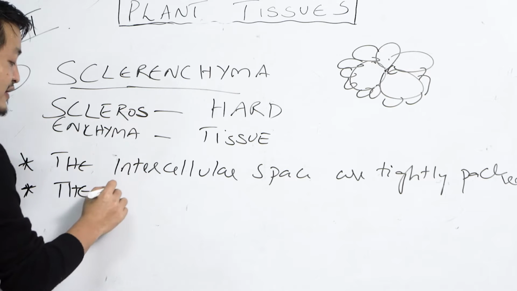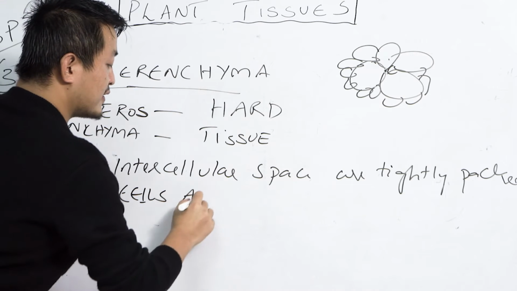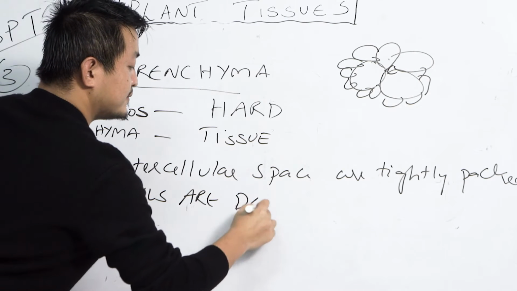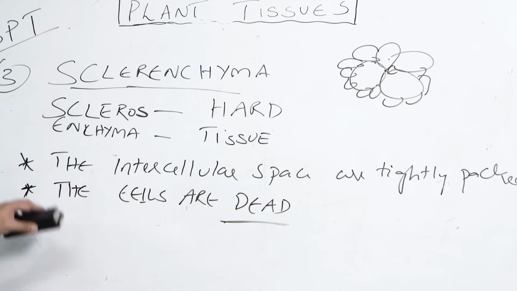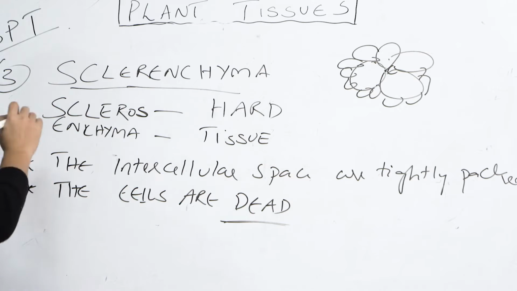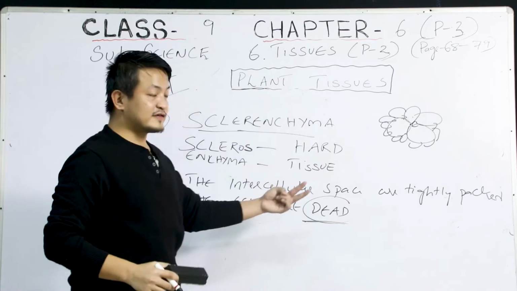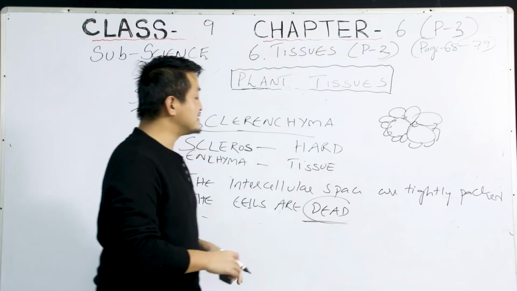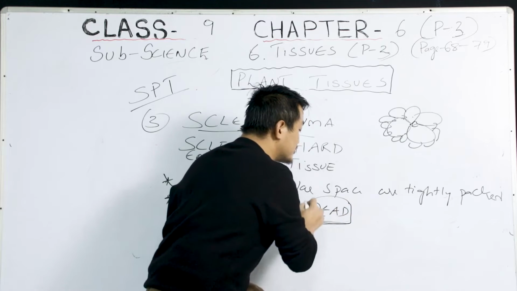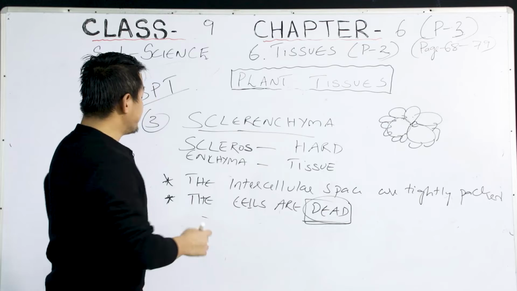Here the cells are dead. In Sclerenchyma the cells are dead, opposite to the first two types, parenchyma and collenchyma, where the cells are living. Don't get confused.